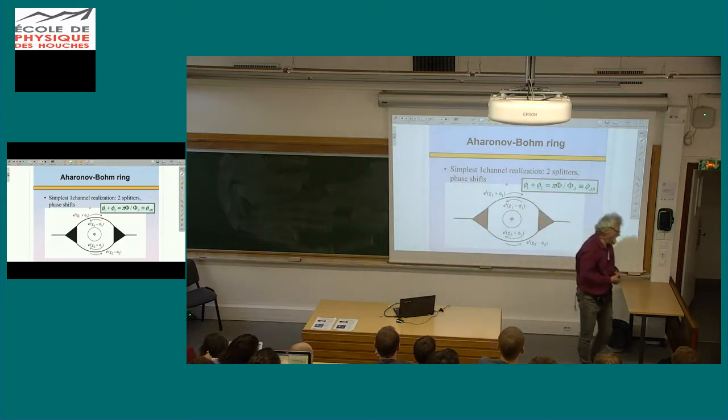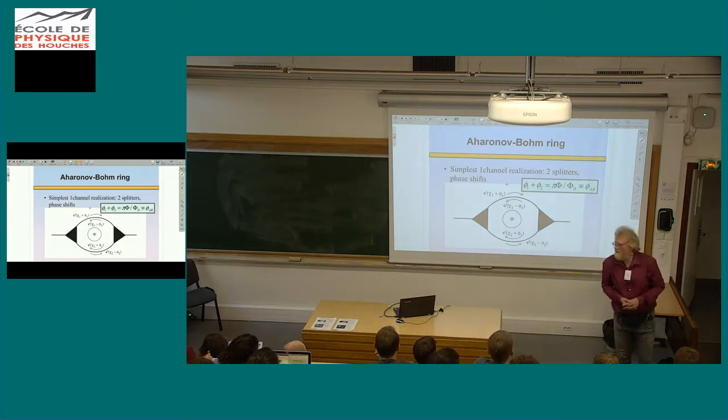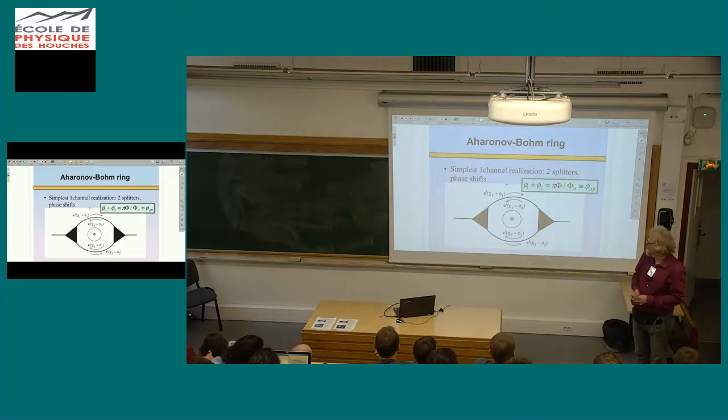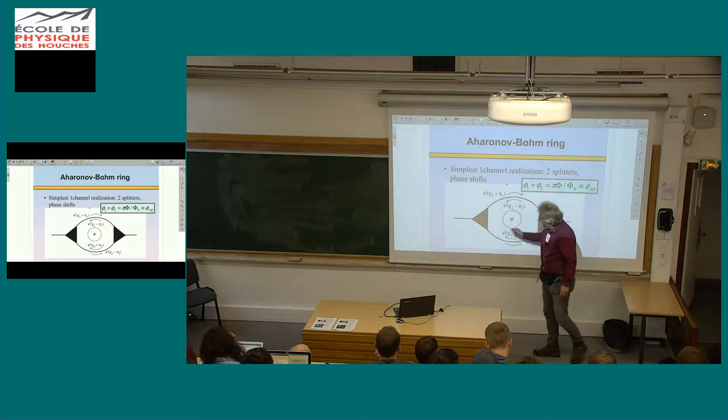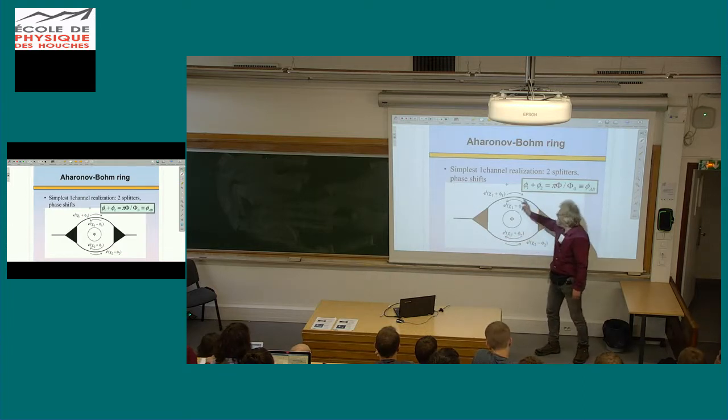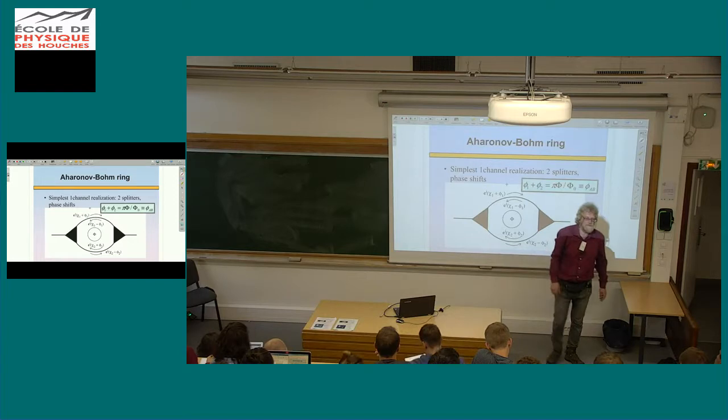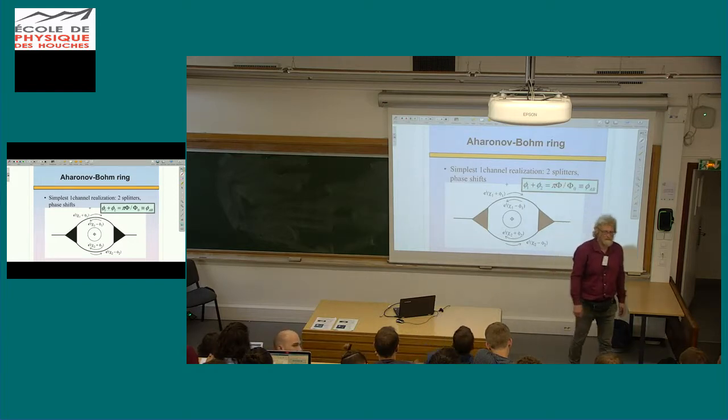Fine. It's about the Aharonov-Bohm effect. That's why I need actually beam splitters. Once again, what I want is to have this coil. So I have to encircle this coil with 2 paths.